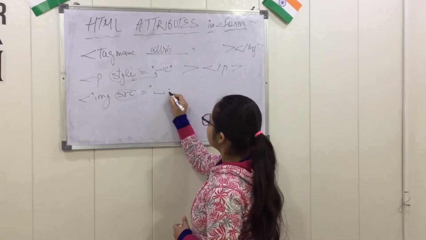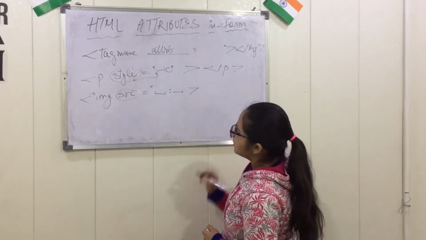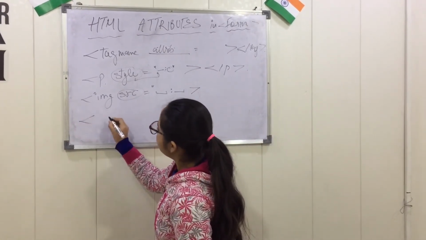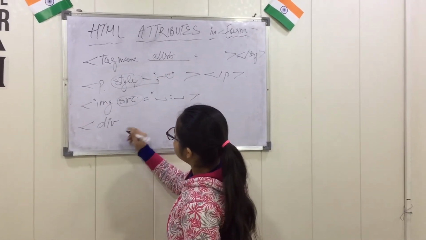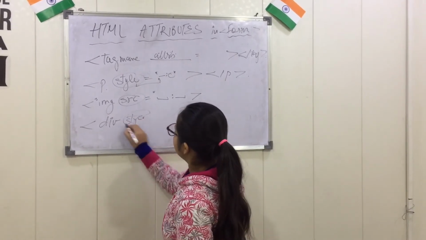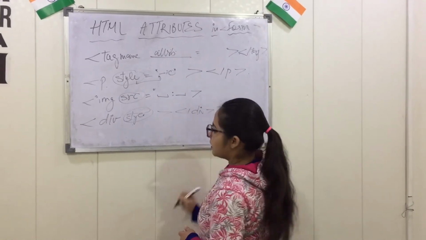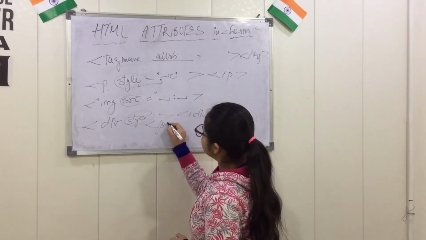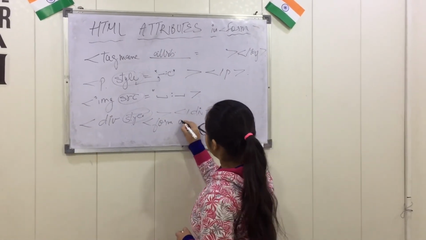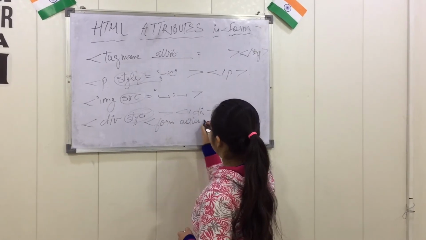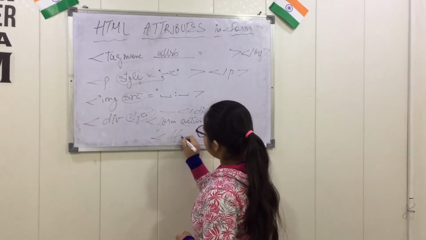Then another one, div, where we can write style as the attribute and close the div tag. After this we discuss the form tag, in which we write action. Action is our attribute, and after that we close the form tag.